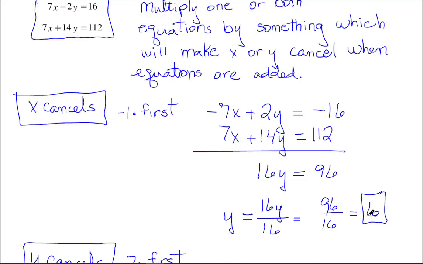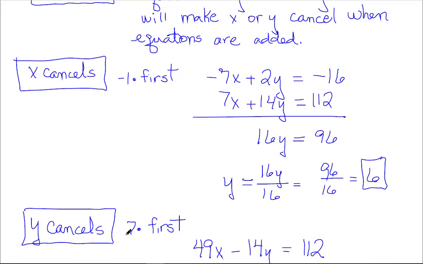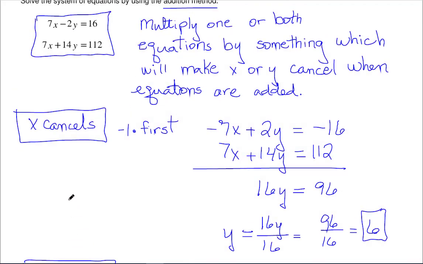Now at that point, you don't have to eliminate anymore. You could simply take the 6, plug it back in for one of these y's and solve for x. In this case, I just wanted to show you what you would do to make the y cancel. How would you make the y cancel? Well, let's see. I've got a minus 2 and a 14. If I simply multiplied this by a 7, I'd have a minus 14 add 14, which would be 0.